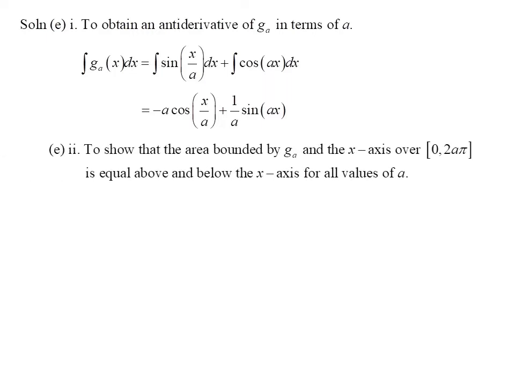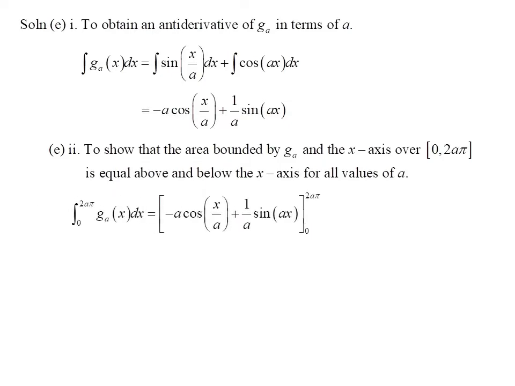The second requirement of part E is to show the area bounded by g sub a of x and the x-axis over the closed interval from 0 to 2a pi is equal above and below the x-axis for all values of a. What we do is to integrate g sub a of x over the interval and see if it is equal to 0.